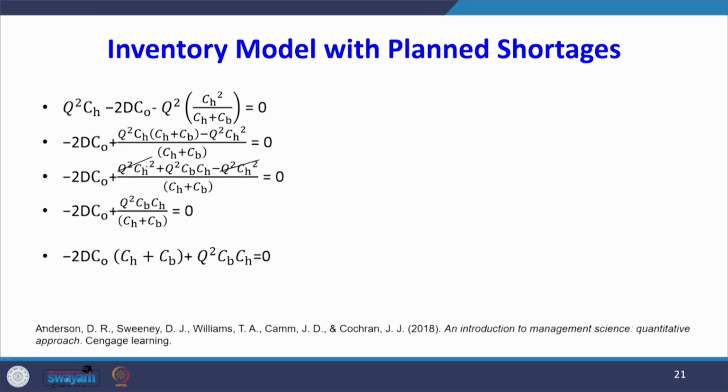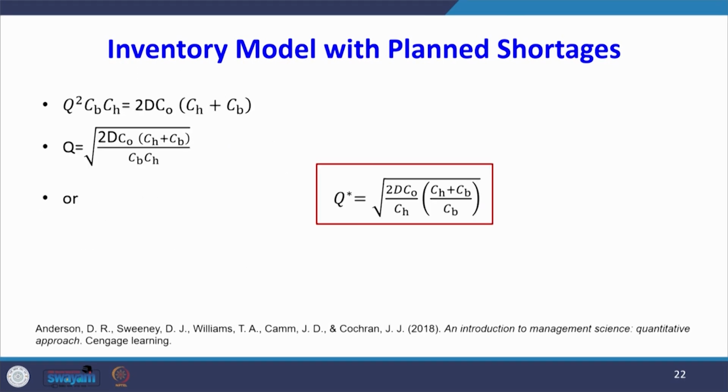So, the q square C h square and minus q square C h square, we can cancel. The remaining is minus 2 D C naught plus q square C b C h upon C h plus C b equal to 0. When you multiply by C h plus C b on both sides, you are getting minus 2 D C naught into C h plus C b plus q square C b C h equal to 0.